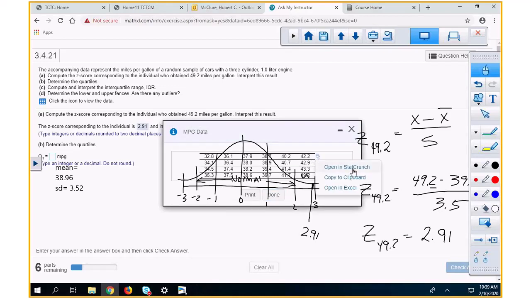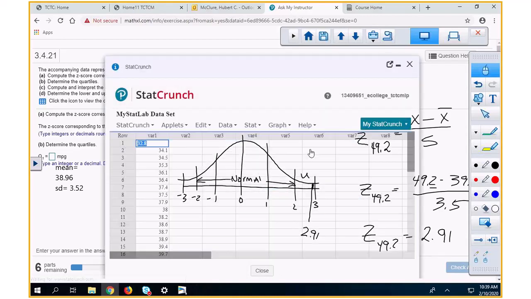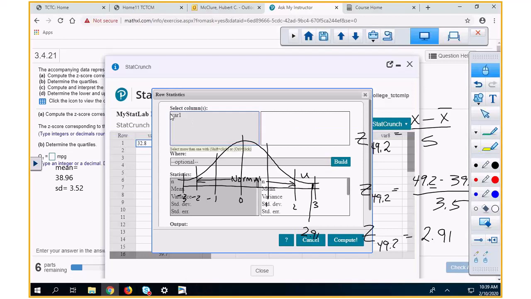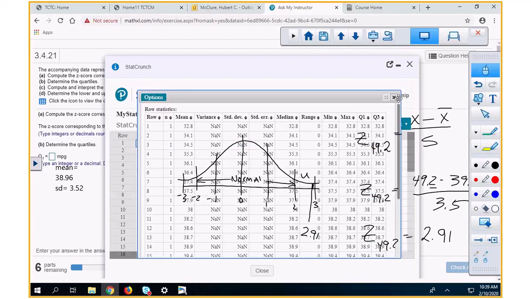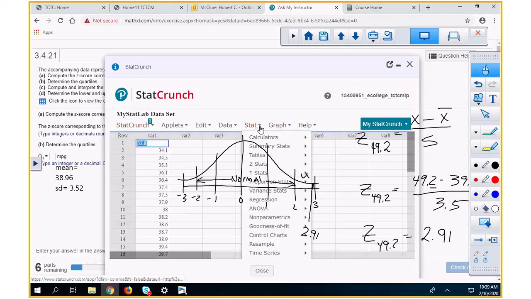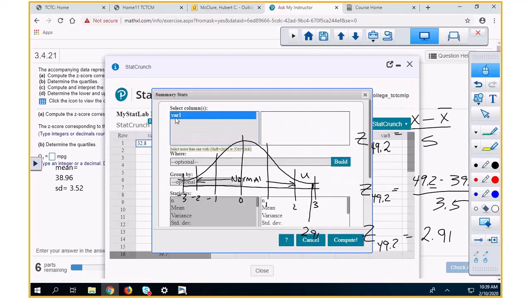So I go back here, open in StatCrunch, pull up the summary statistics row, and I need y'all to write those down for me. Wait a minute. That's not right. Summary statistics, columns, variable, compute. There.